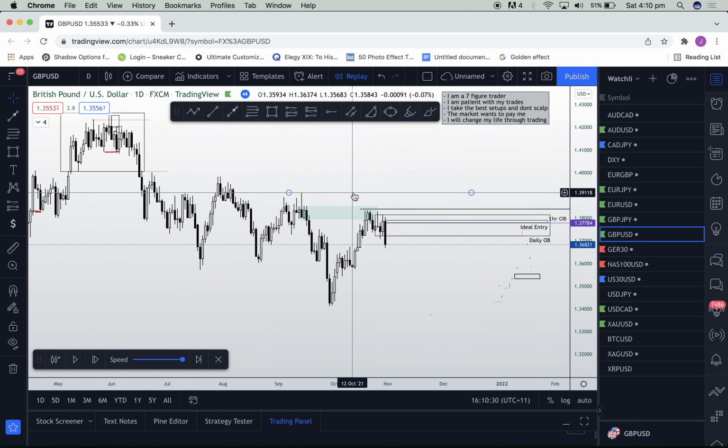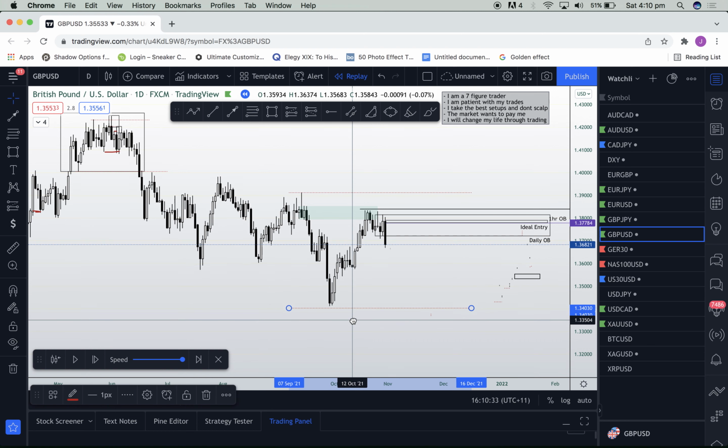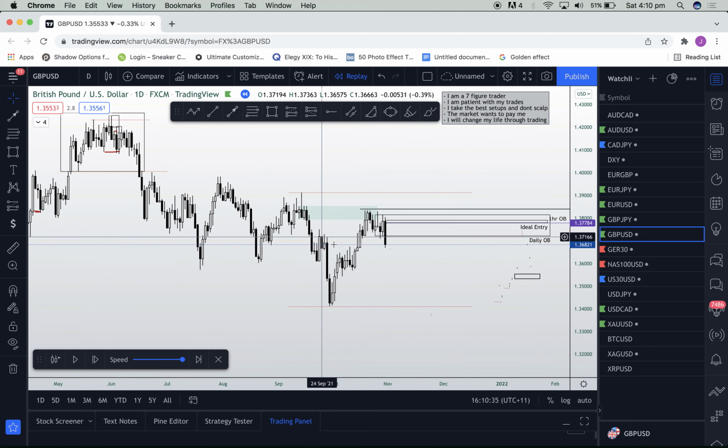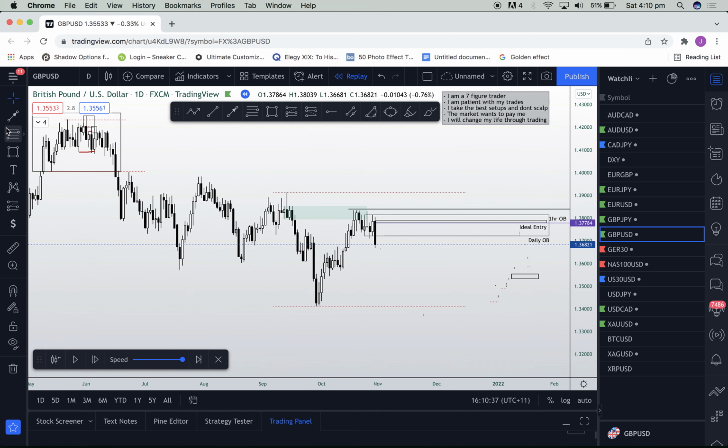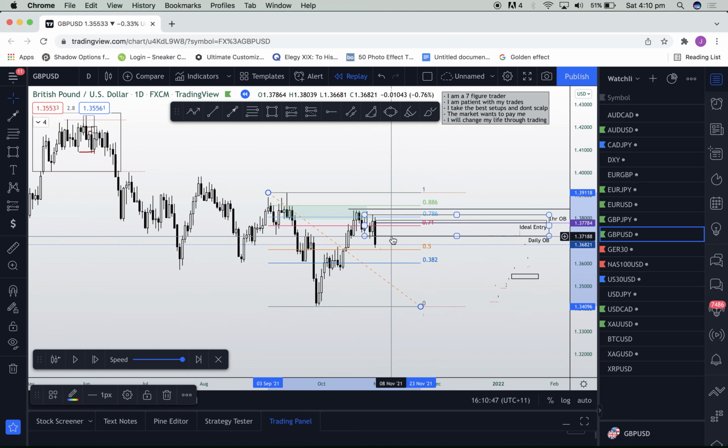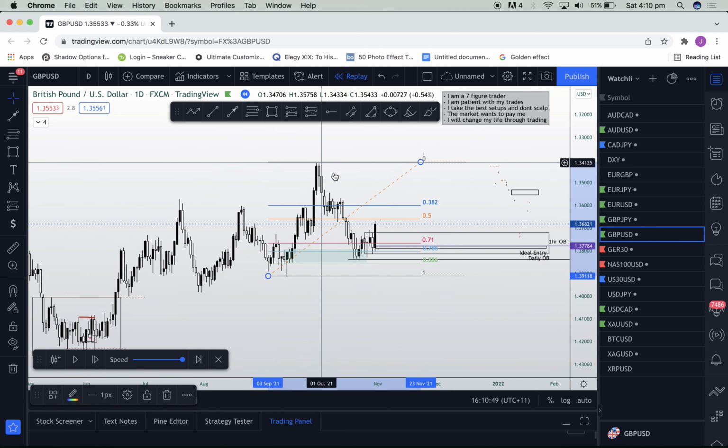If I draw this line out to the bottom here as well, and I use my Fibonacci tool to measure, I'll show you guys what happens. When you are measuring a pullback for a sell, you always start at the top and pull down. And vice versa, if you're measuring for a buy, you'd start at the bottom and take it up.